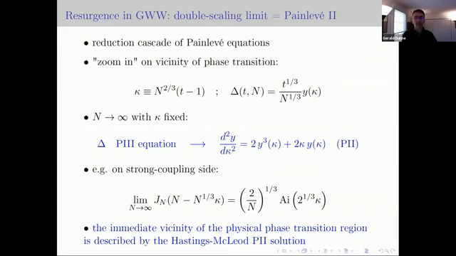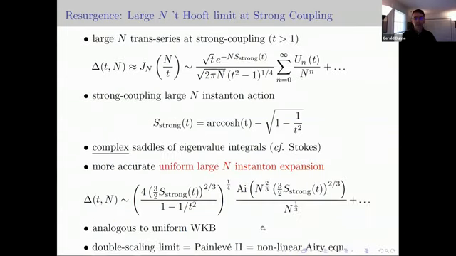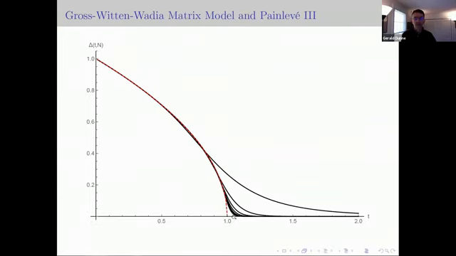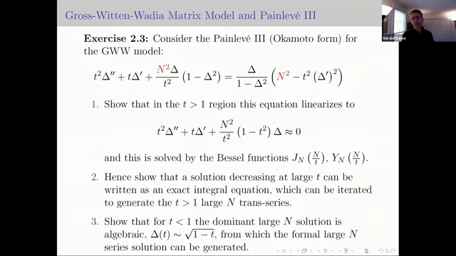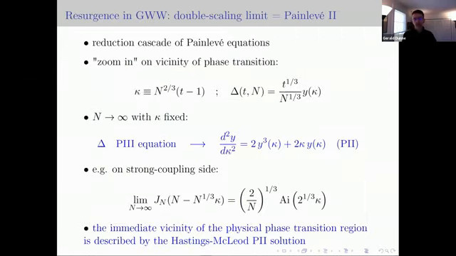That's because what we're doing here is basically matching this exponential behavior with some simple algebraic type behavior on this side. So not only does the equation reduce to the Painlevé 2 equation, it also selects this particular solution, which is the one that I described earlier in the talk.